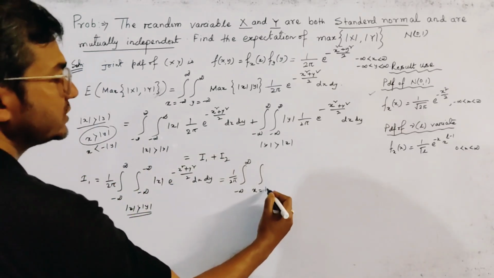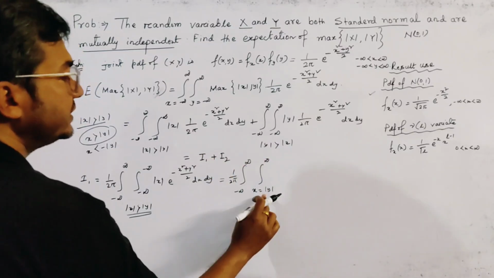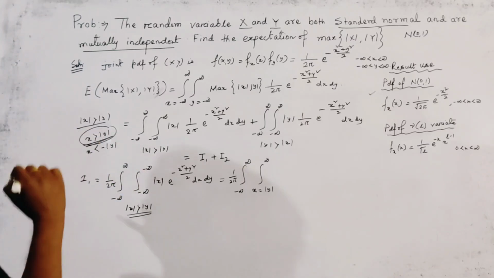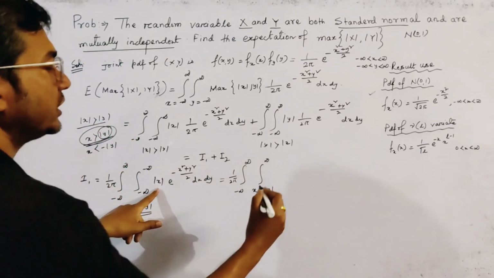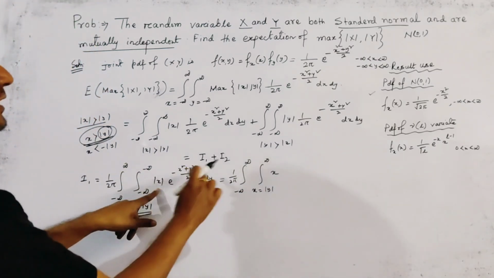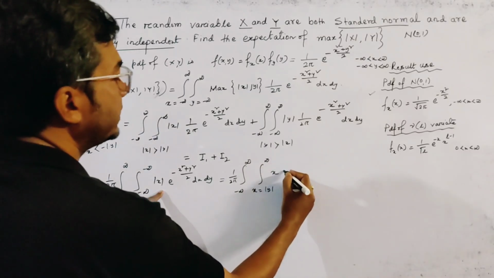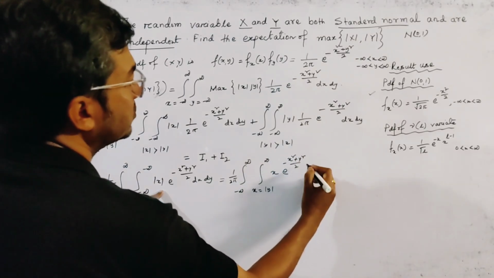So here we get mod y to infinity, and in this case x is positive because mod y is a positive value. So we put x in place of mod x, because mod x is x when x is positive, right? And we get e to the power minus (x square plus y square) by 2.